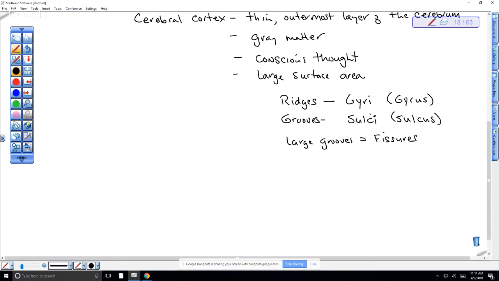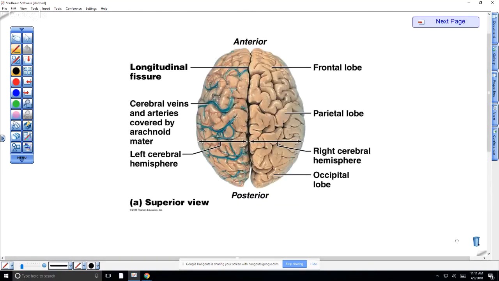Sometimes they'll go down through that large groove and cut the connection between the two cerebral hemispheres. So if we look at a picture of this, that would be the longitudinal fissure. All of these other little fissures would be sulci. And then the ridges are the gyri.